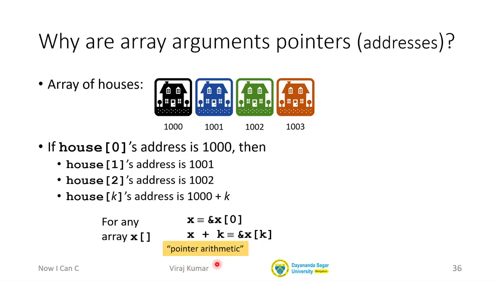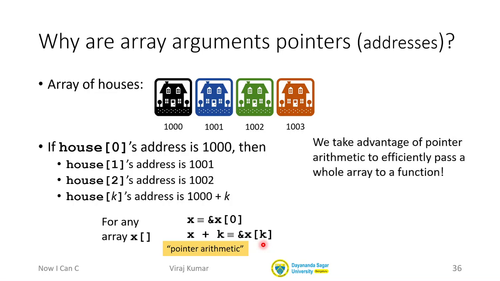This is something called pointer arithmetic. We're taking a pointer and adding an integer k to it, and although this is adding different types of data, this is allowed in C. This kind of pointer arithmetic actually produces the address of the kth element.